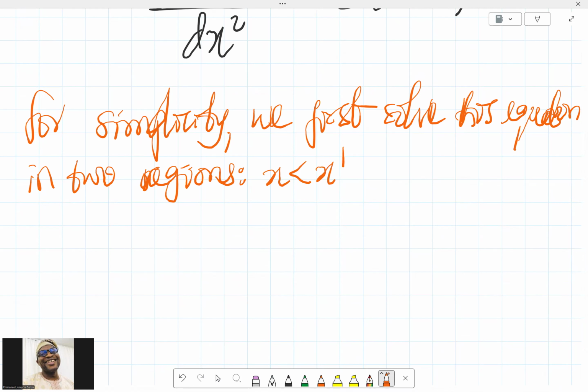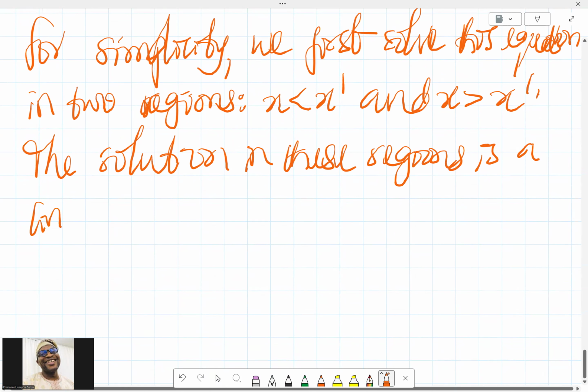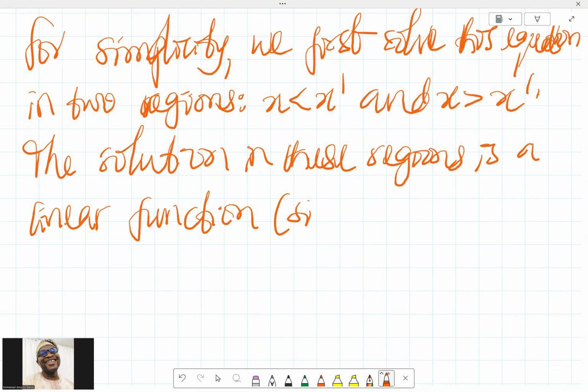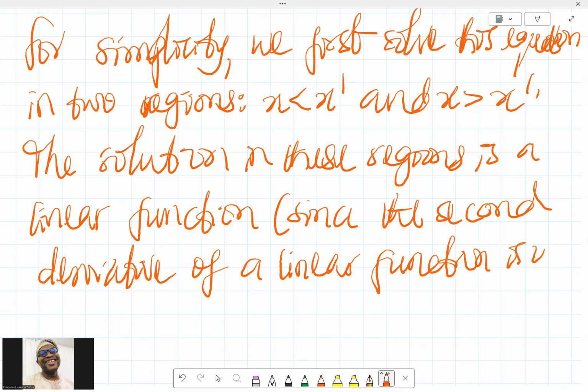X less than x prime and x greater than x prime. The solution in these regions is a linear function, since the second derivative of a linear function is 0.